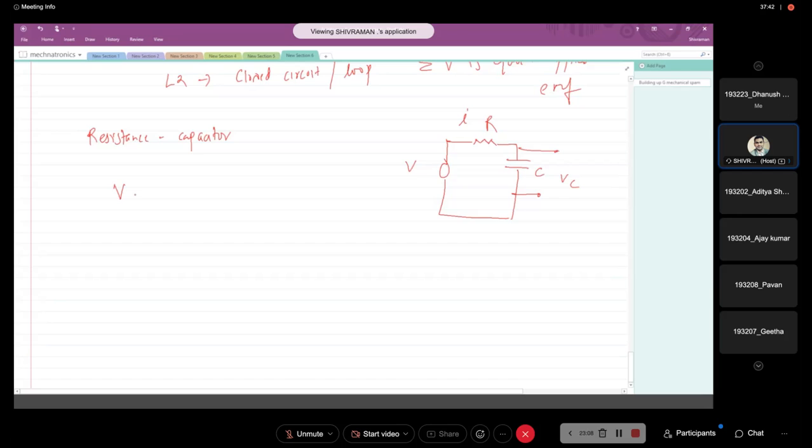So applied EMF is V equal to VR plus VC, that is from Kirchhoff's second law. And VR is equal to IR, and this VC is equal to 1 by C integral of I dt. So you can get I from here, that is C dVC/dt.